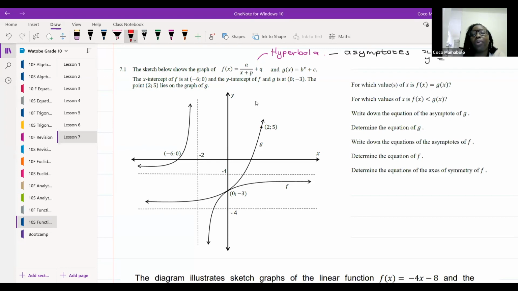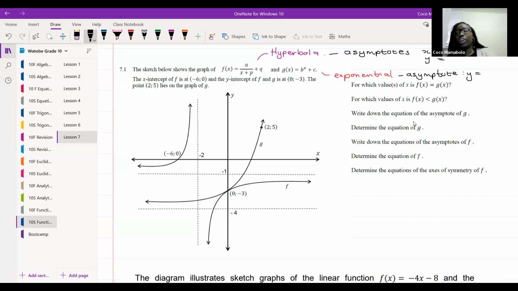It's an exponential graph. Good. And we know that our exponential graph also comes with an asymptote, but it only comes with one. There's only one asymptote for our exponential. That's a y asymptote. Y is equal to something.